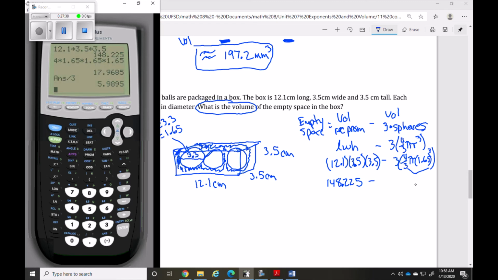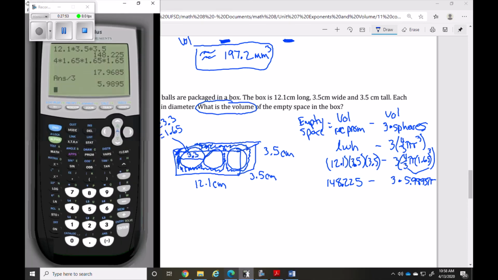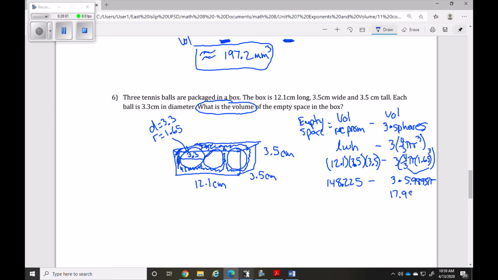So one sphere is 5.9895 pi, but I have to multiply that by 3. 17.9685 pi.